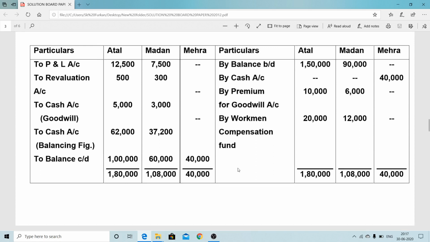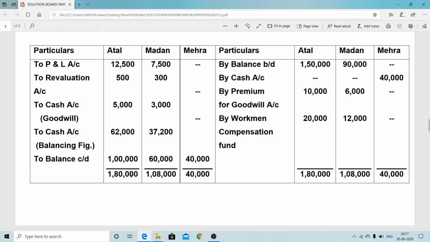Now if you compare this side, or another way, like last time we did, first we make it to balance c/d, again we write by balance b/d, again to balance c/d, and afterward we compare. That is also a process, a rough calculation. On the credit side, Atul's is 1,80,000 and Madan's is 1,08,000, and on the debit side the balance is 1,60,000.